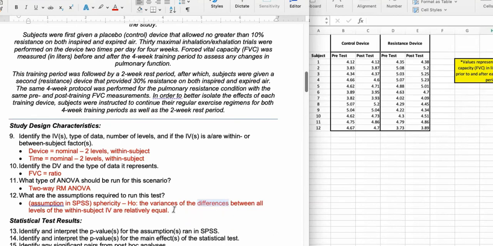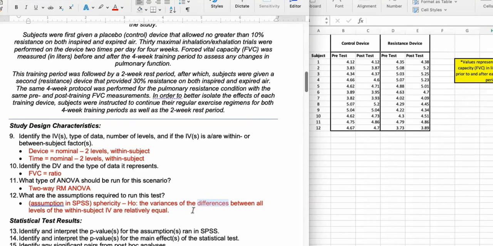So homogeneity of variance looks at the variance of each group and then says, are these variances equal to each other? For sphericity, we say, what are the variances for each group? And then what are the differences between each of those variances?